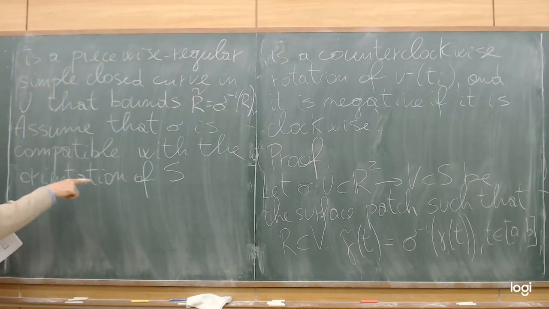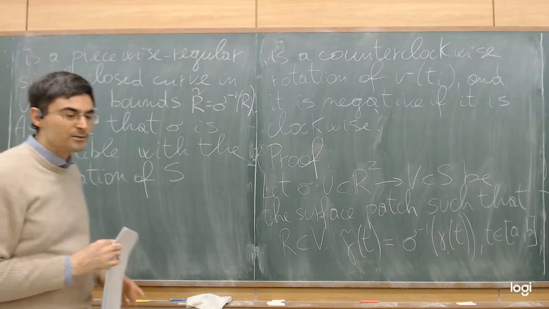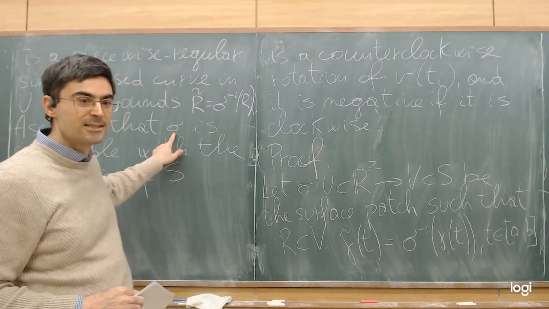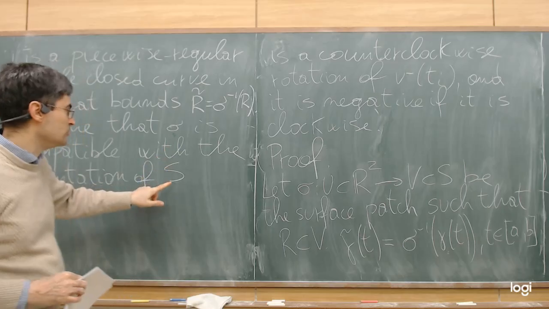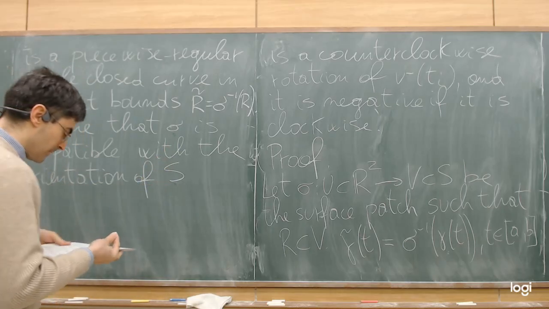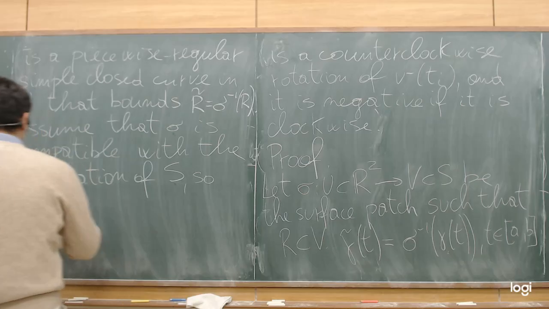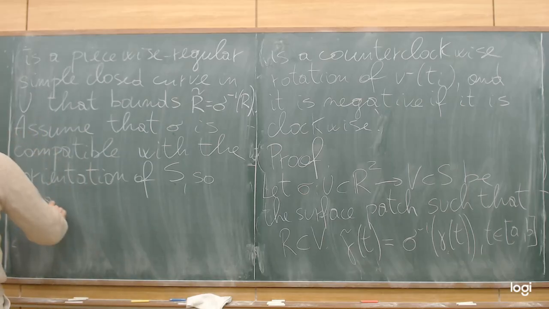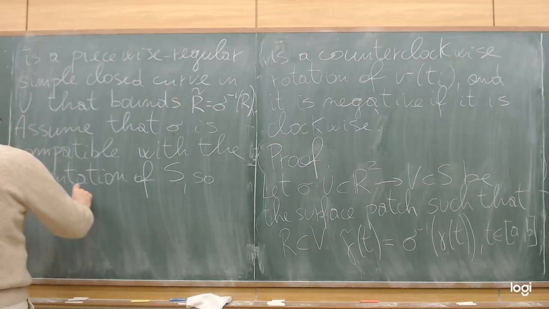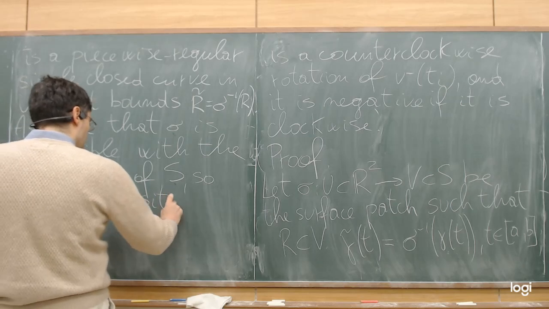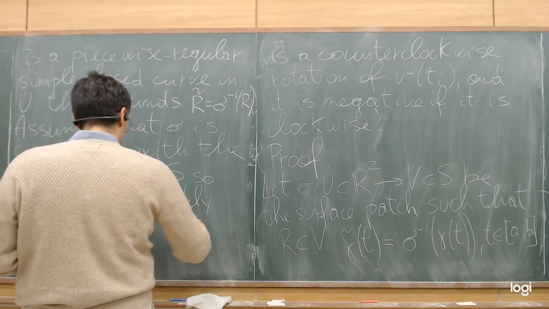This sentence means that the normal vector that you can define using the surface patch sigma coincide with the normal vector you already have on S. So that gamma tilde is positively oriented.